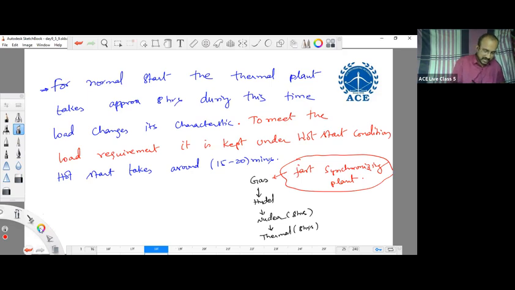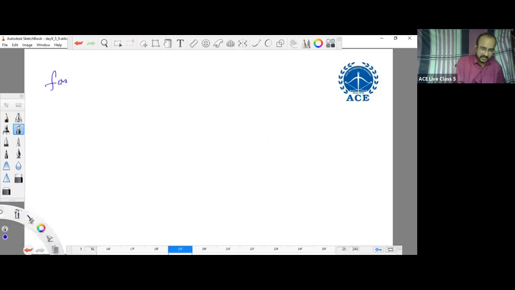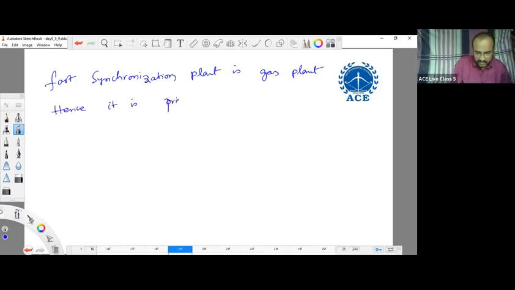The fastest synchronization plant is the gas plant. Hence it is preferred to use it as a peak load plant.